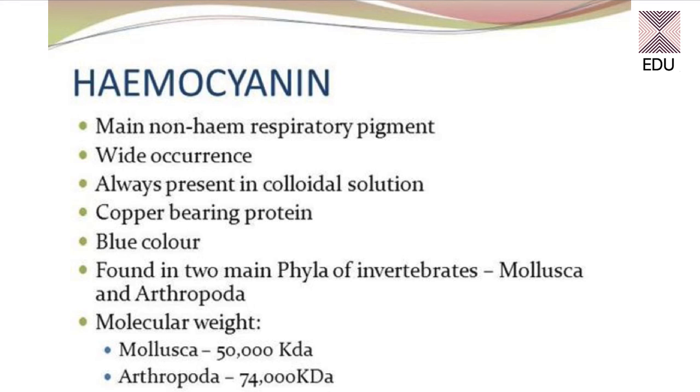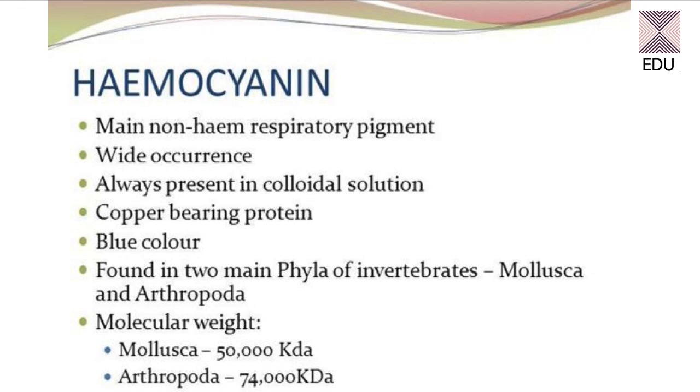As the name suggests, hemo refers to the iron, so I think this is a misnomer kind of nomenclature for the pigment. A layman would think that hemocyanin should have an iron molecule, but here we don't have any iron molecule, so it is a misleading pigment name.